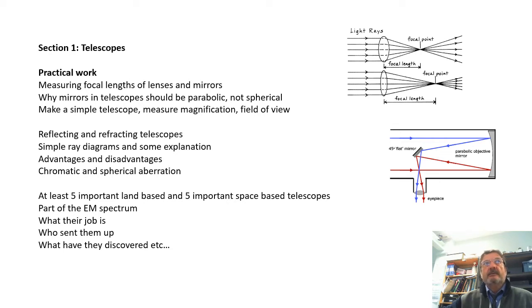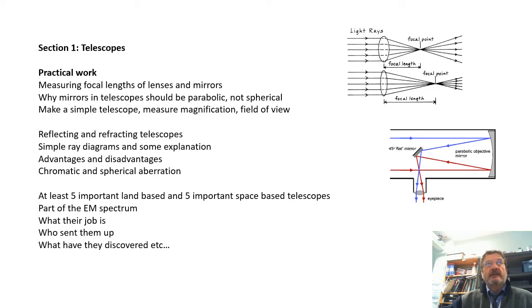With my group, we make simple telescopes with just a couple of lenses, and we measure the magnification and also the field of view. You should explain what these things mean, by the way.